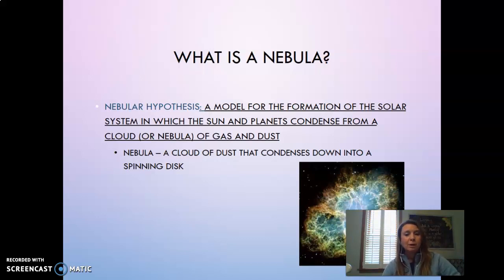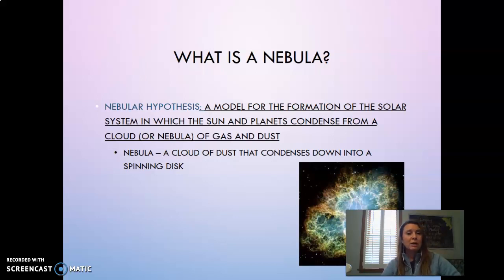And a nebula is a cloud of gas and dust. And some of them can hold the proper matter to create different types of objects in what we see in space. Some nebulas are going to create stars, depending on if it has a whole bunch of hydrogen available.